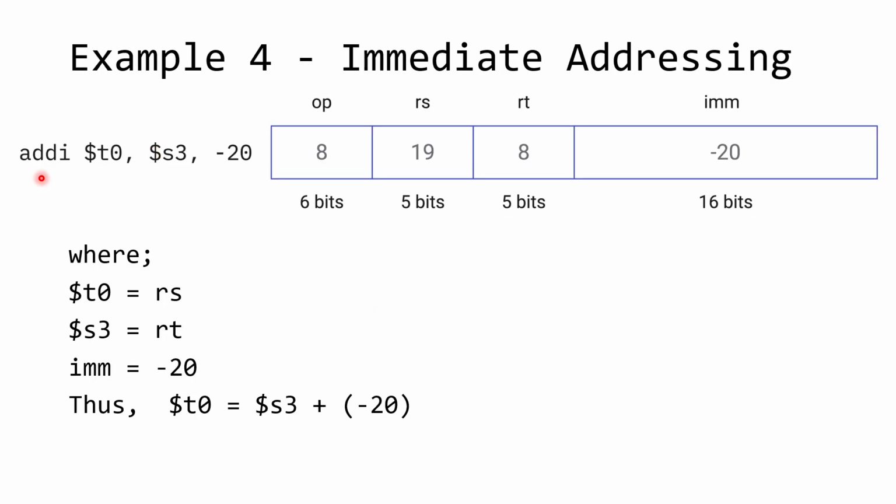For example, ADDI $t0, $s3, -20, where the source is s3 and the immediate is -20, and the destination is RT. Thus, t0 is equivalent to s3 plus -20. In here, the immediate is not stored inside the data segment. In fact, it is automatically assigned as a constant or immediate in the command.